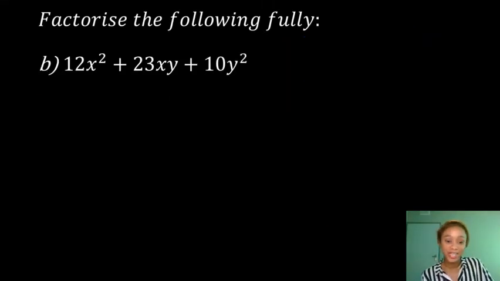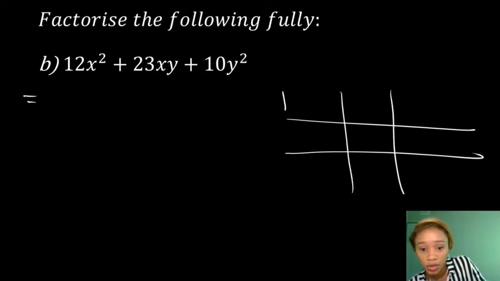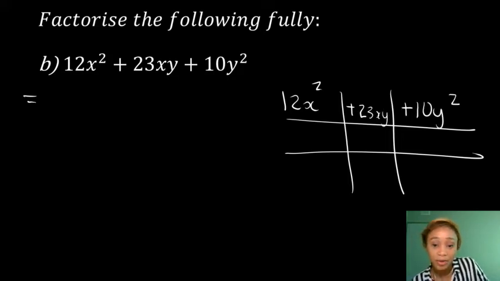Okay, guys, let's look at number 2. For number 2, we can see that there is no highest common factor. So let's just go ahead and come here. We're going to have 12x squared plus 23xy, then plus 10y squared. Now you can see, guys, that there are big numbers here.